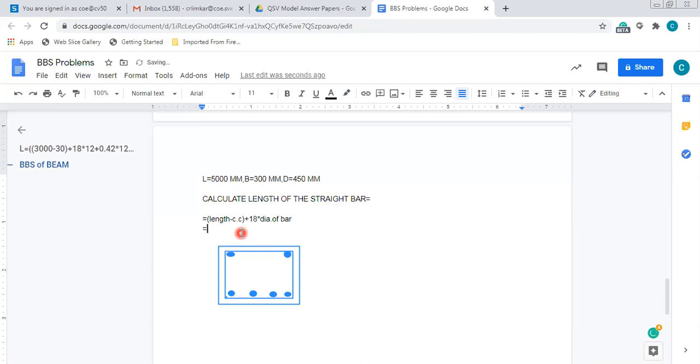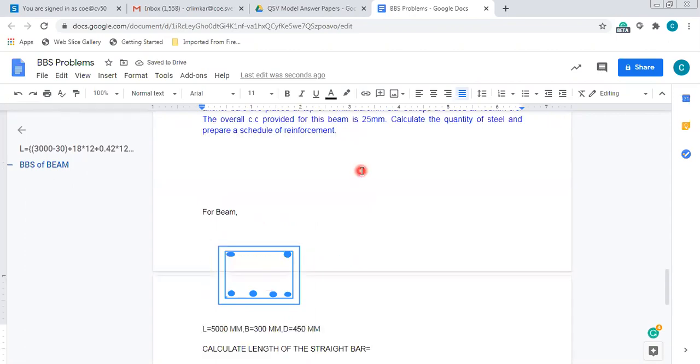As far as this problem is considered, there are 4 bars at the bottom, having a diameter of 12 mm. Out of these 4 bars, 2 are straight and 2 are bent up bars. So we have to calculate the length of the straight bars. What will be our equation then? Length is nothing but 5000 mm for the beam, minus clear cover.